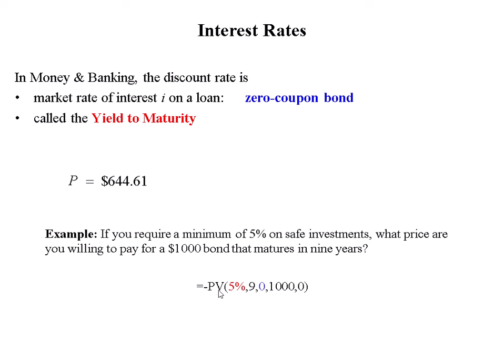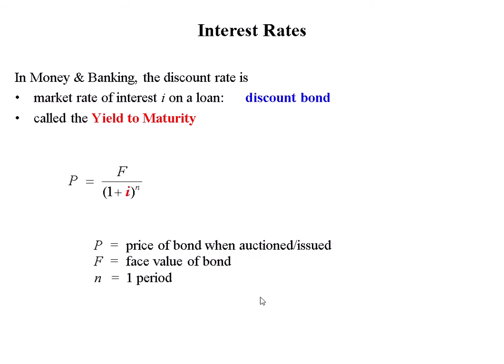And then the present value again is just the price when the interest rate is 5% of the $1,000 payment that you get in 9 years. So that's the number of years on this bond. The coupon payment is 0, the face value is 1,000, and the interest rate you need is 5%. So the maximum price you would pay for this bond is $644.61.